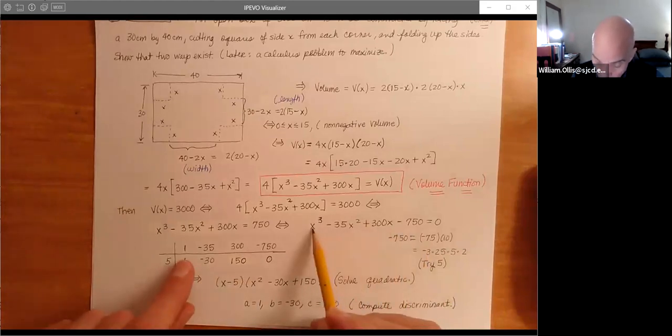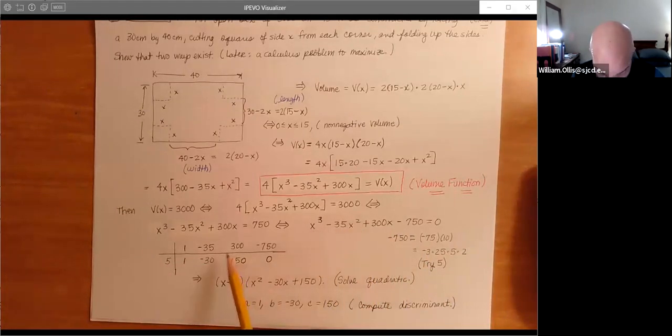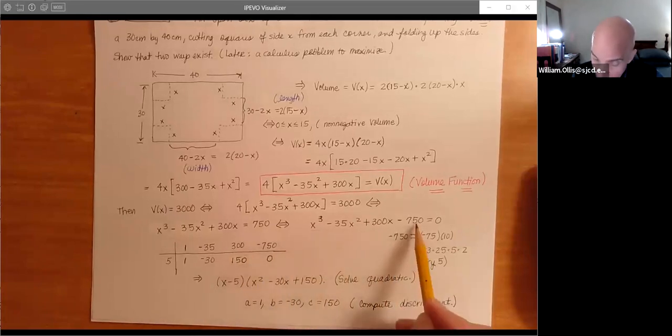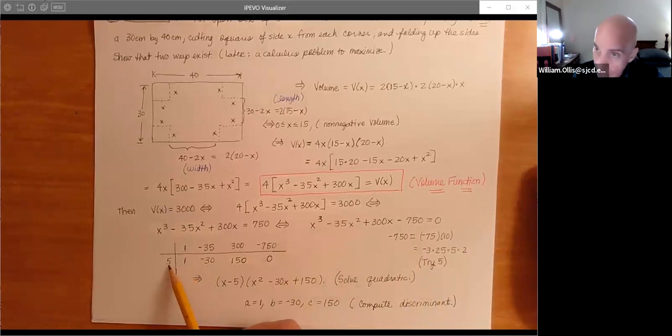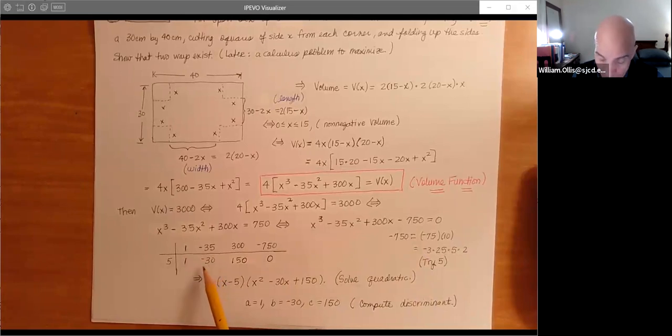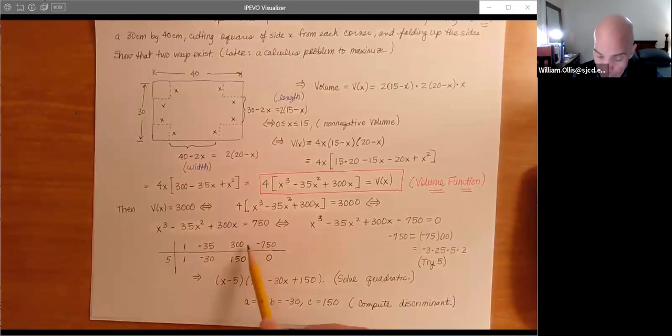So we do the 1, the negative 35, the 300, and the negative 750, and put our 5 here. Bring the 1 down. 1 times 5, 5, plus a negative 35 is a negative 30. And then negative 30 times 5, well, that's a negative 150, plus 300 gives us 150.